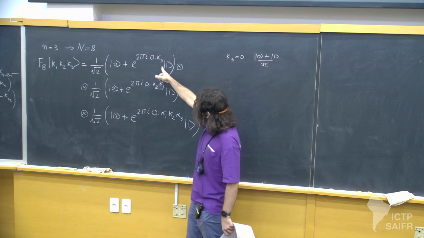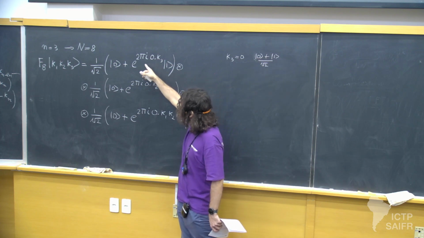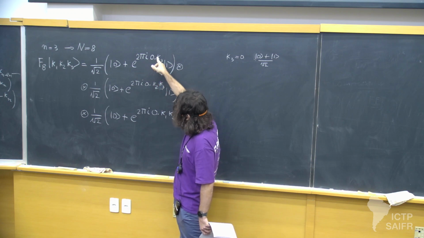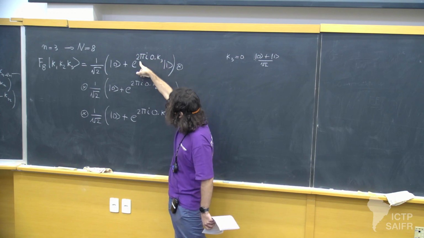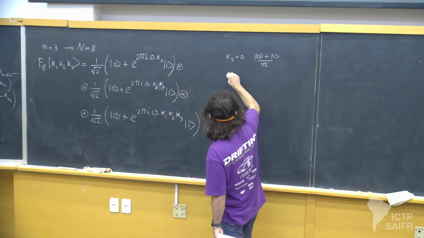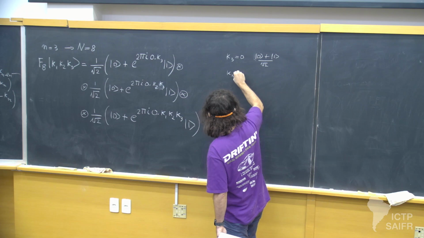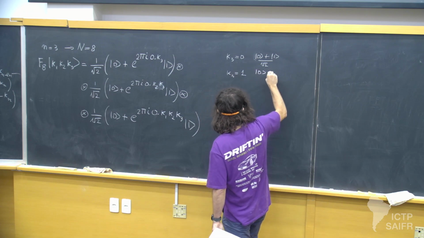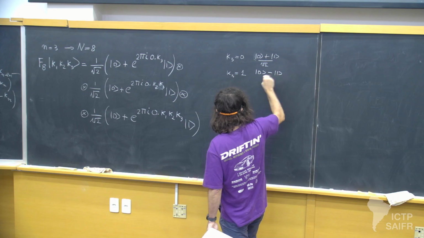Now let's assume that K3 is instead 1, so it becomes e to the 2 pi i 0.1, which means e to the minus 1, so this cancels, and this becomes a minus sign. So if K3 is equal to 1, we get 0 minus 1.